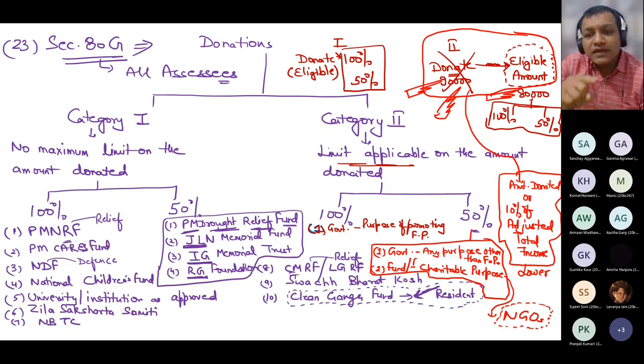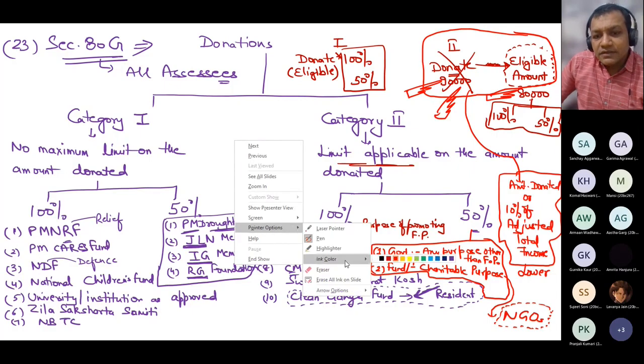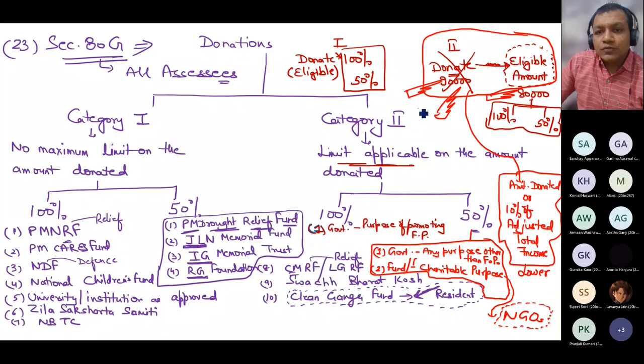Do you know where it is registered? Every charitable institution is covered under category 2, 50%, and this second point.